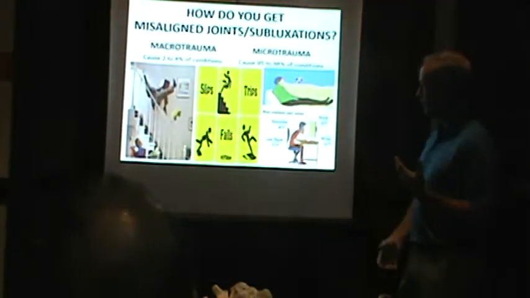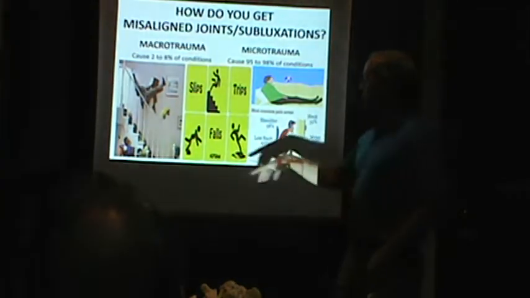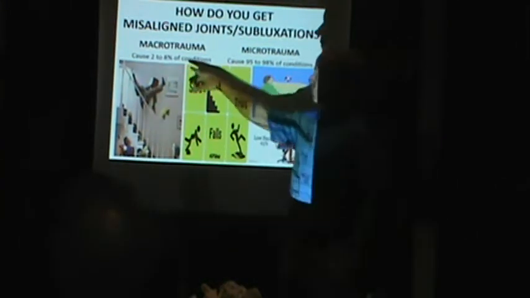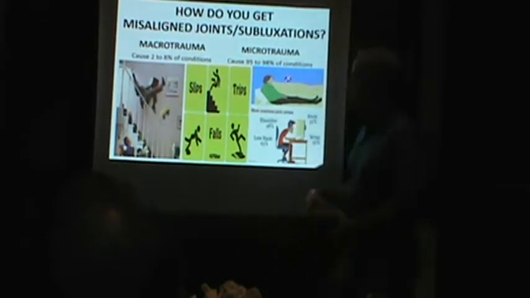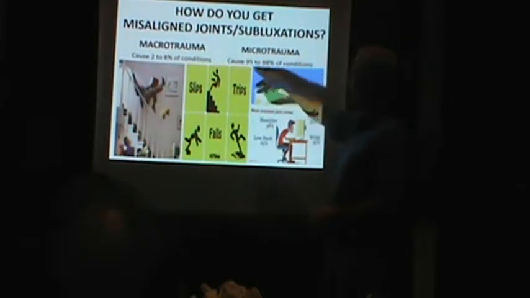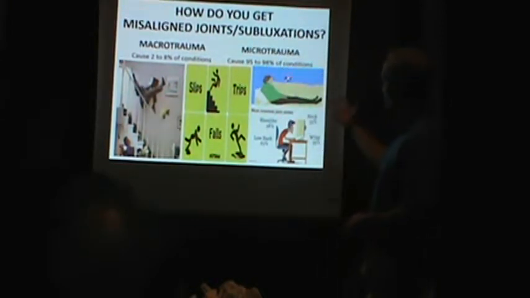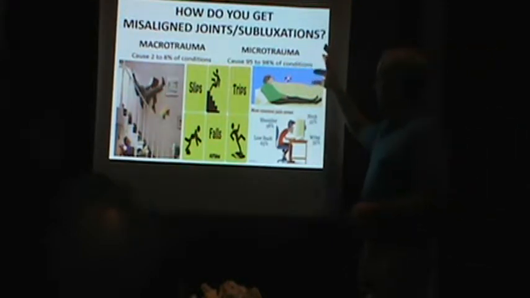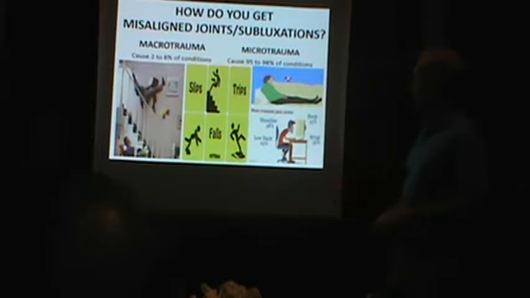So macro trauma is any kind of injury, like a ski injury, or a major fall going down the steps. Of the conditions that occur, research says only 2 to 8% are caused by that. Micro trauma is the majority. 95 to 98% of the conditions that we see in the offices are coming from things that are happening every day.